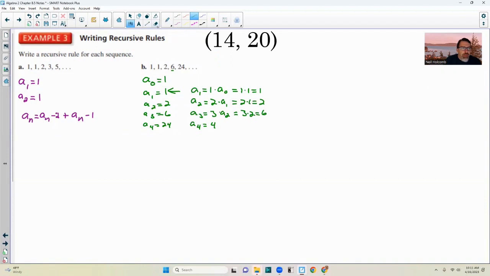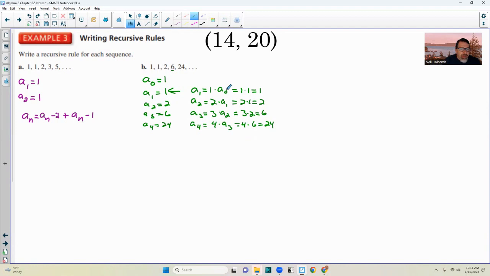Actually, no, a sub 3 is 6. So a sub 4 is going to be 4 times a sub 3, which is 4 times 6, which is 24.